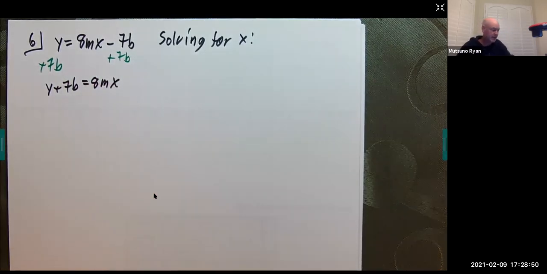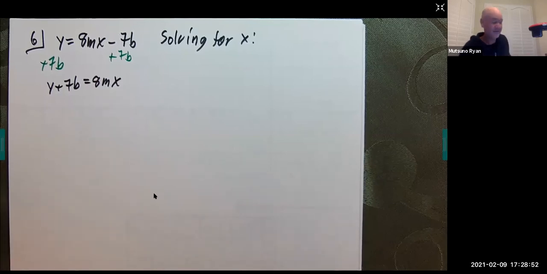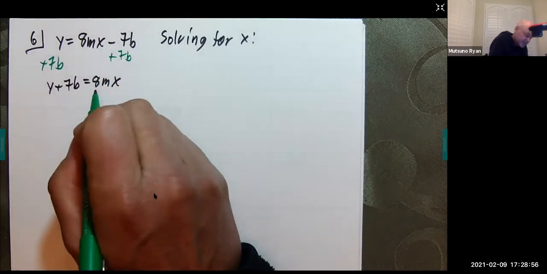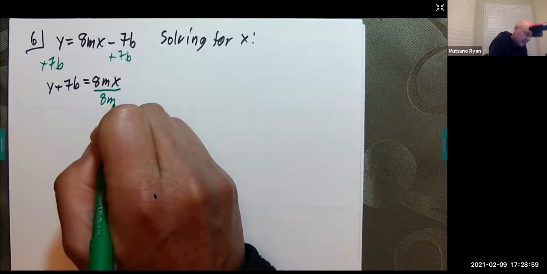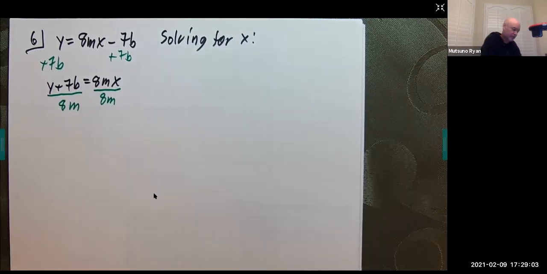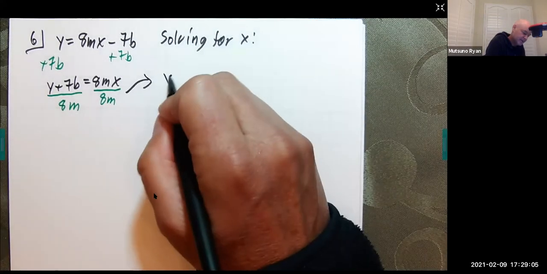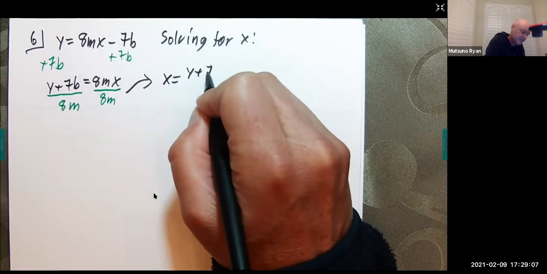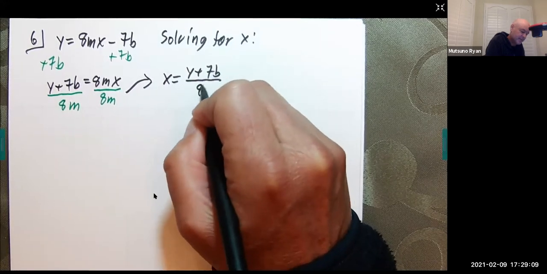So again, I'm trying to get x by itself, and I have an 8 and an m being multiplied to it. So I'm going to go ahead and divide both sides by 8m. That gives me that x is equal to y plus 7b over 8m.